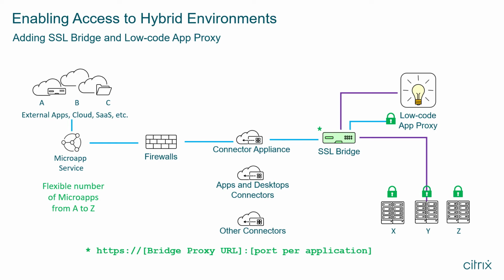Because once our proxy receives a request from us, from the microapp service, through the connector appliance and SSL bridge, based on the REST request, it will know what port is associated with which application. Then the connection will be forwarded back to the SSL bridge, which will know where those targets are located.